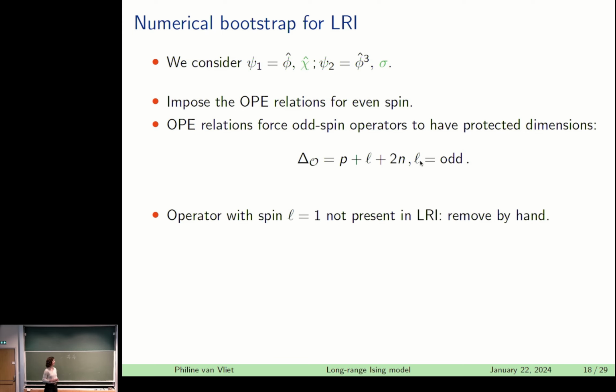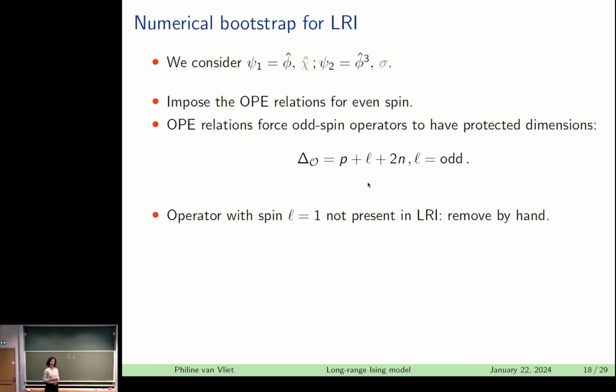And on top of that, we also know that the operator with spin 1 is not present in the long-range Ising, so we will take this out of the spectrum and not consider it. So is this a statement for every odd operator that's exchanged in these OPEs? This conformal dimension? In this OPE? Yes, yeah.